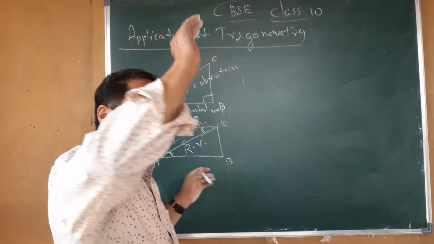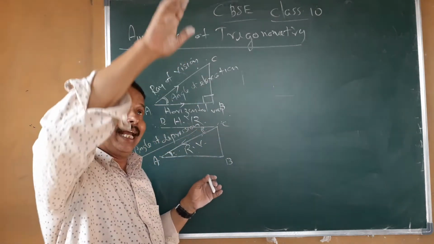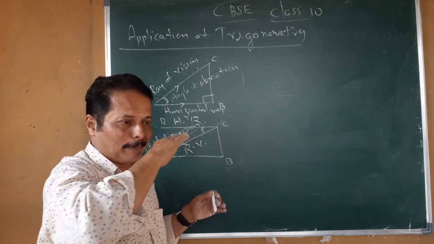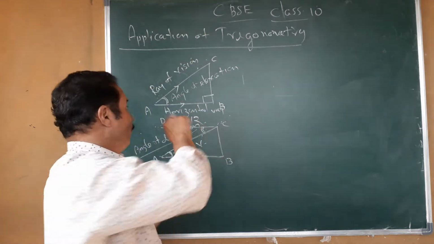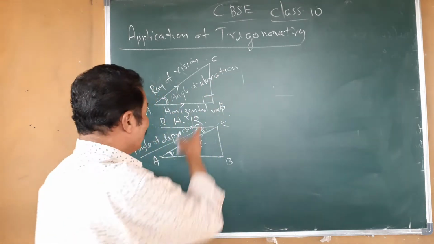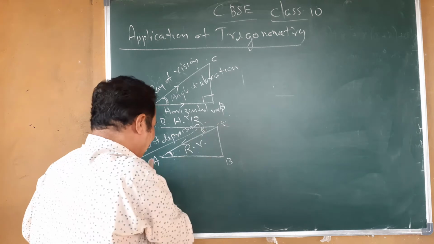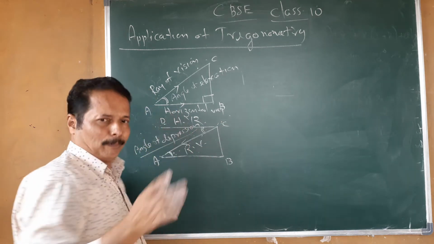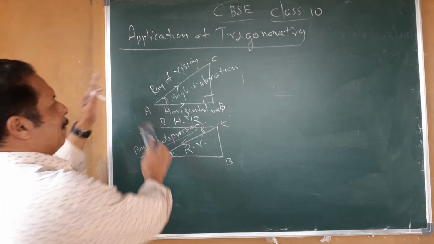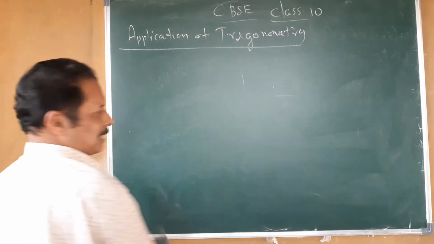If I am looking upwards, the angle between the horizontal ray and the ray of vision is the angle of elevation. Similarly, if I am looking downwards, the angle between the horizontal ray and the ray of vision is the angle of depression. Actually, the positions are the same. So, one of them is the angle of elevation and the other one is the angle of depression.